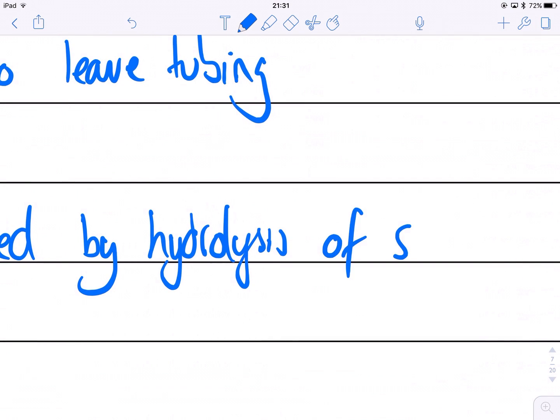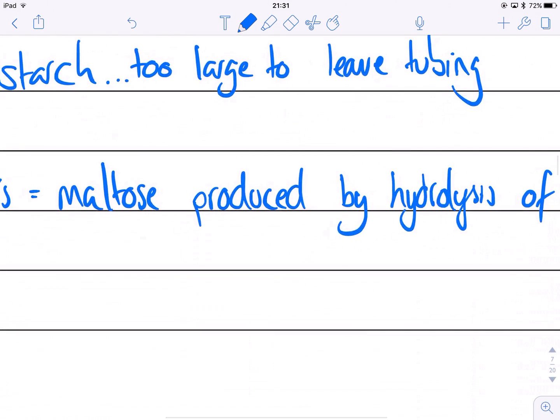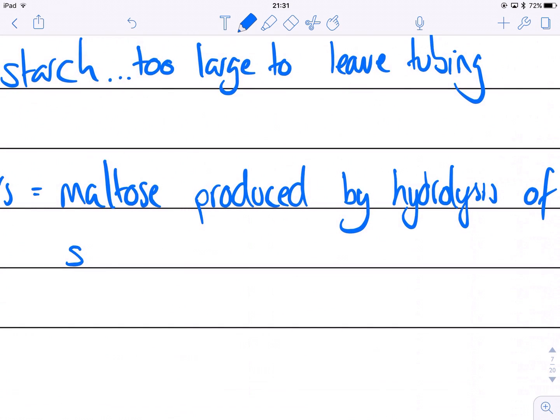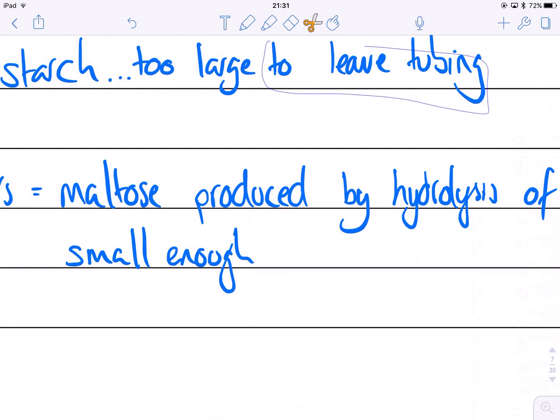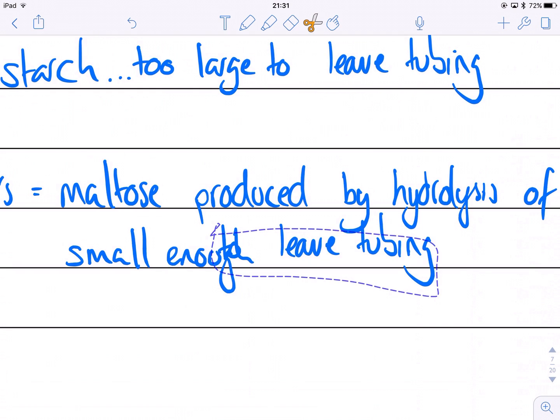Now this one is the opposite way round. So this one is small enough to leave the tubing. Small enough to leave the tubing. Okay, so that's it. That's our 3 marks again.